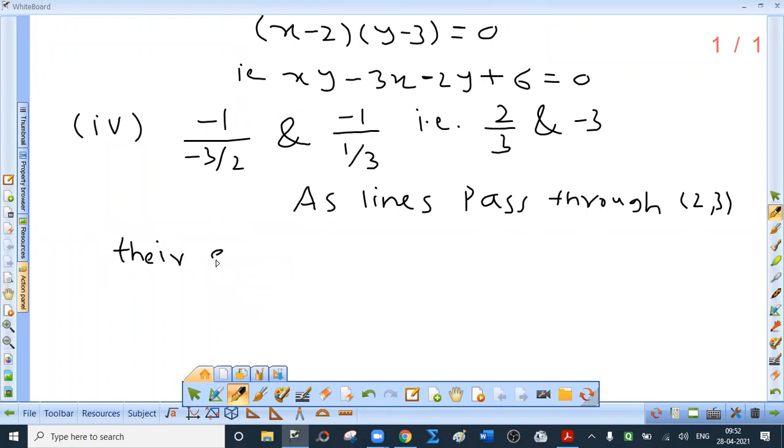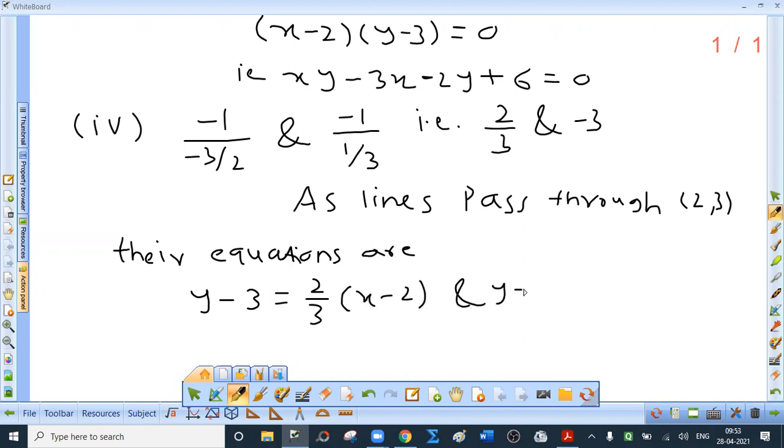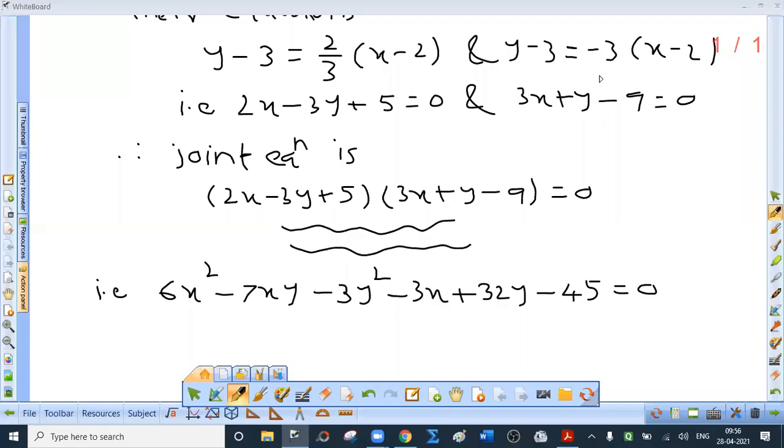Their equations are y minus 3 equal to 2 upon 3 into x minus 2 and y minus 3 equal to minus 3 into x minus 2. So separate equations are what? 2x minus 3y plus 5 equal to 0, 3x plus y minus 9 equal to 0.